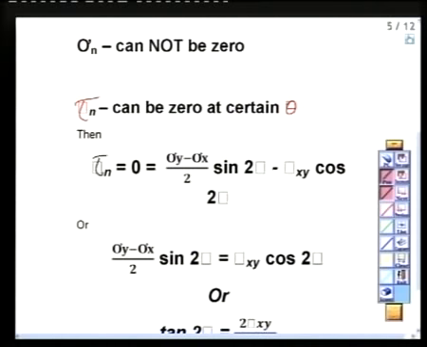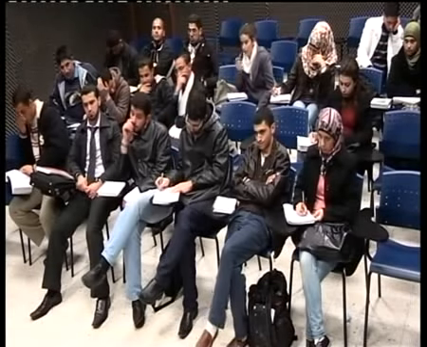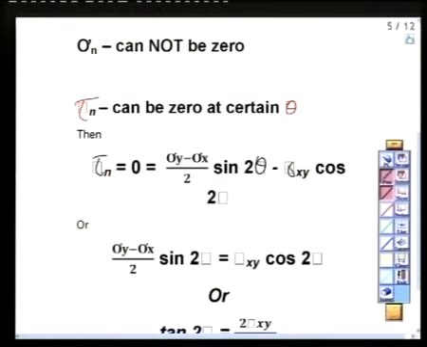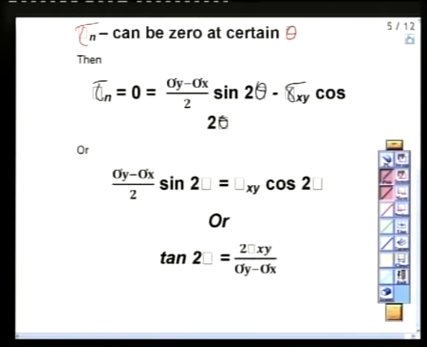Then tau n equals 0, which is sigma y minus sigma x divided by 2 sine 2 theta minus tau xy cosine 2 theta. Or in another word, sigma y minus sigma x divided by 2 sine 2 theta equals tau xy cosine 2 theta.